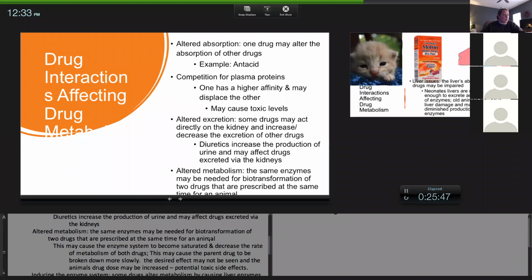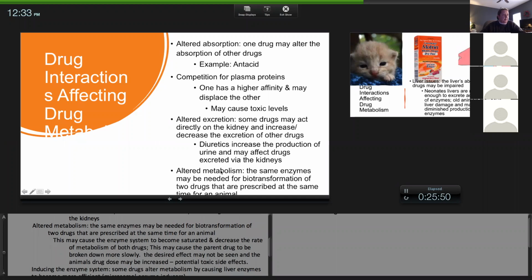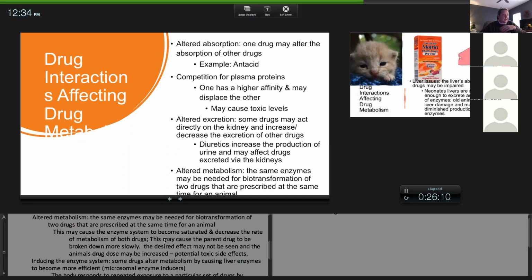Now, if you talk about altered metabolism, if the same enzyme is needed to break down two drugs. So if you give two drugs and that enzyme's like, well, I have to break down both of you. So you've got two drugs that both have to be biotransformed, because if they're given to the animal at the same time, then you can get the altered metabolism, because the enzyme can become saturated, and because it's working on both drugs, you're having an altered breakdown of those drugs.